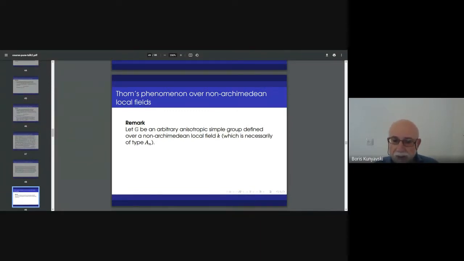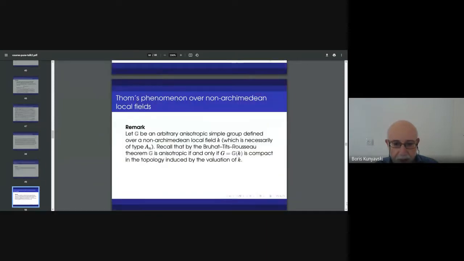It's a general fact in algebraic groups: you cannot get anything anisotropic for B, C, D, E, F, G. And Bruhat-Tits' theorem, with some modification by Rousseau, says that a group is anisotropic if and only if its group of points is compact in the natural topology, so to speak, induced by the valuation of Q_p.